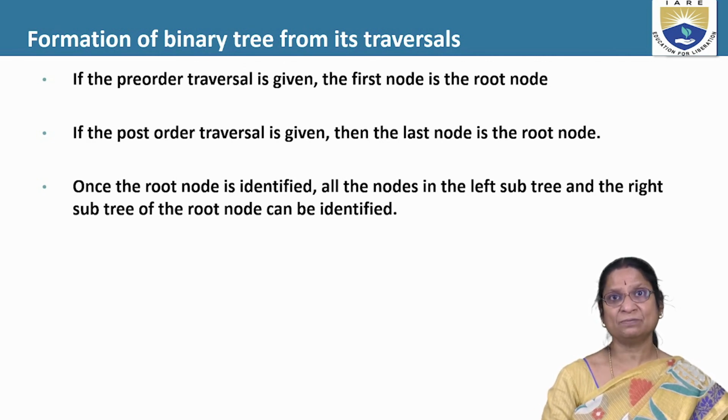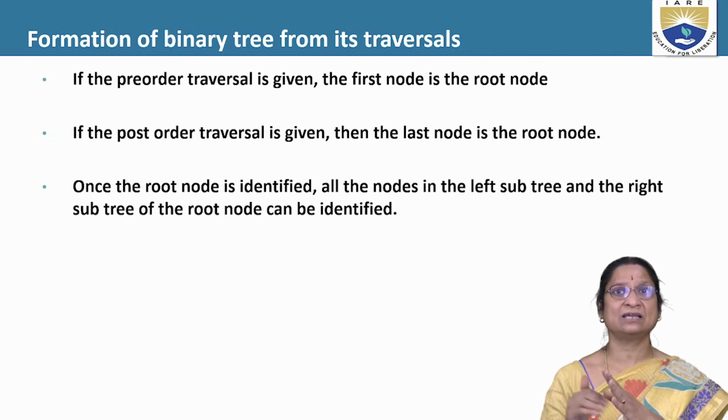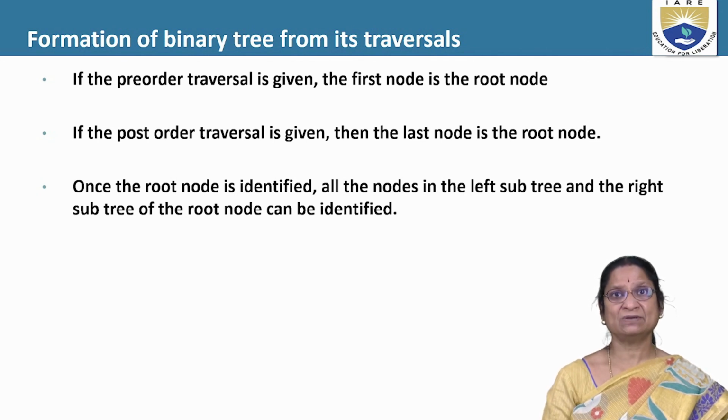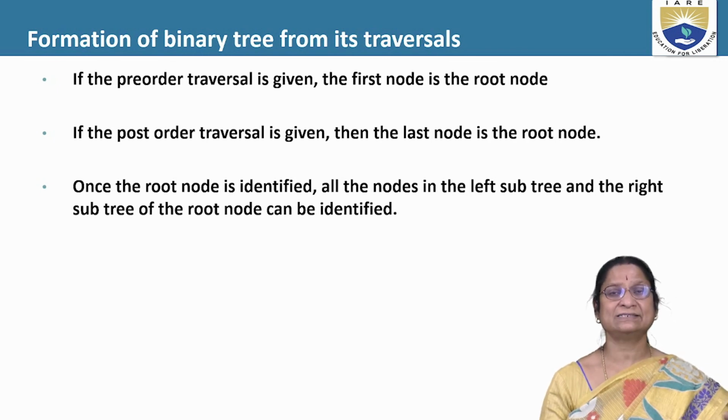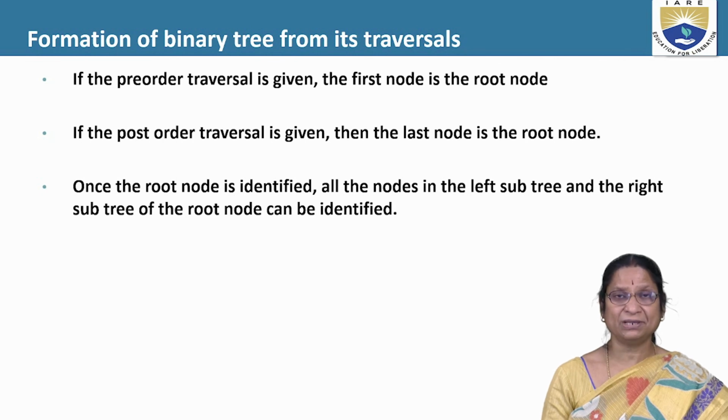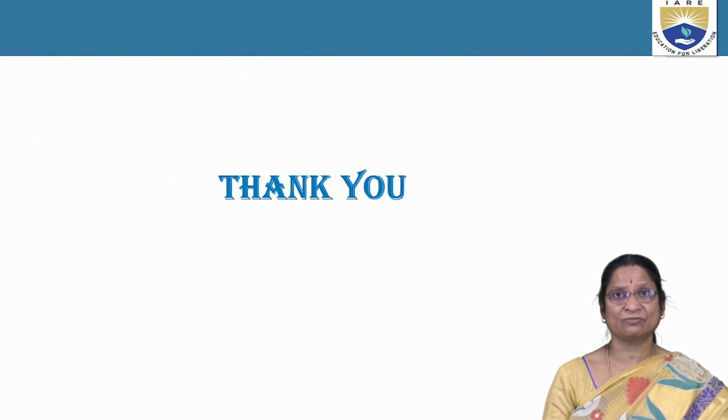In pre-order, the root is first; in post-order, the root is last. Based upon that node, in-order gives its position: all its left side elements will be in the left subtree and all its right side elements will be in the right subtree. By using this notation, we can construct our binary trees.